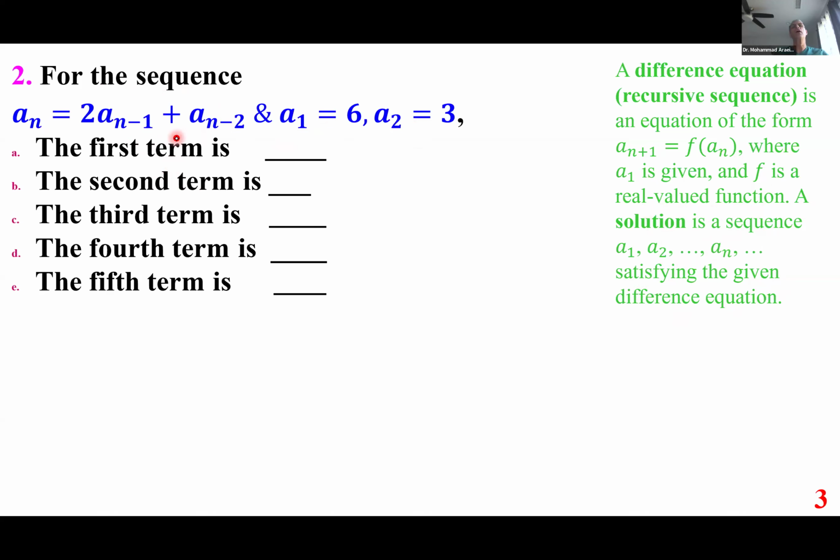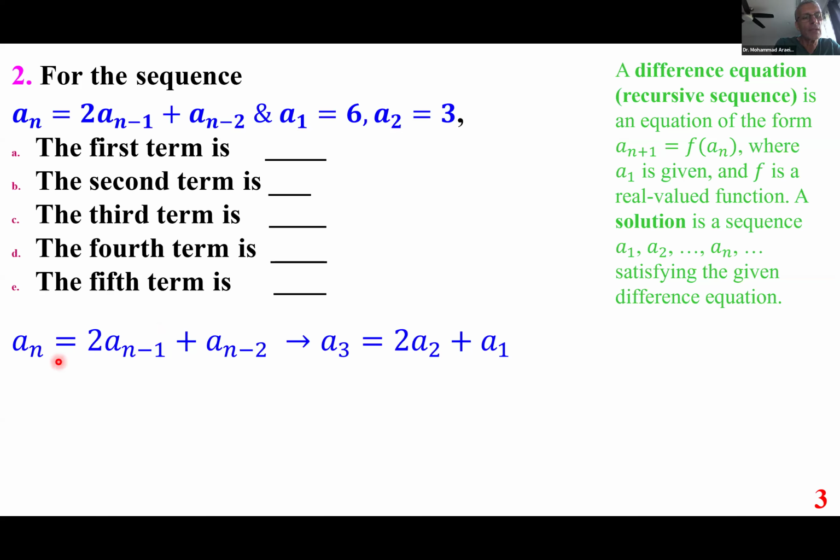So the next one is to find A sub 3. And to find A sub 3, we have to go with the formula. Now, according to this, A sub n is 2 times A sub n minus 1 plus A sub n minus 2. So A sub 3 is 2 times A sub 2, and A sub n minus 2 becomes A sub 1. Here's one easy way to figure it out. You let n be 3.